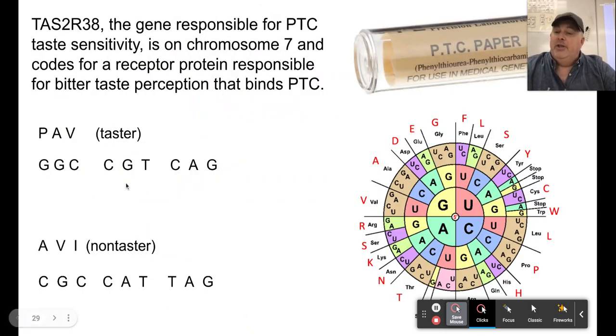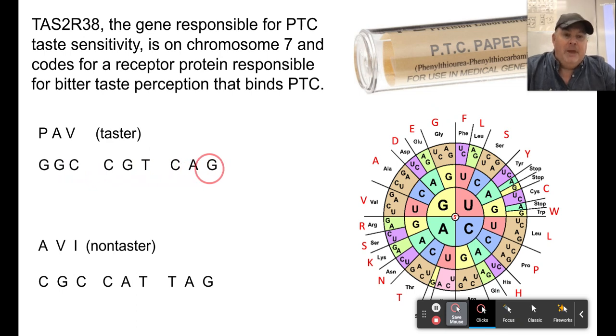So if we're looking at a series of codons, for example, what's the difference between somebody that can taste a certain chemical using PTC paper? If you taste it, I have it in class, it's really sour. Either you have the gene that you can detect it, or you don't. So for example, the taster, if I just take a small section of its sequence, one section is GGC, CGT, CAG.